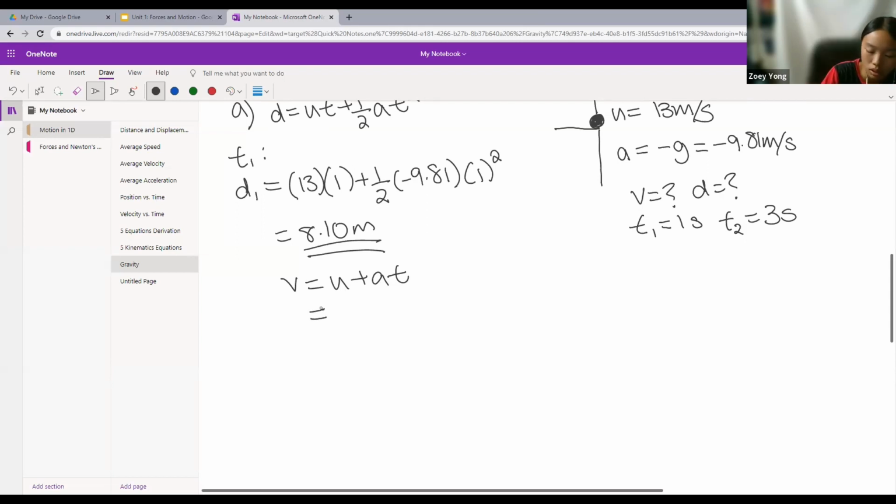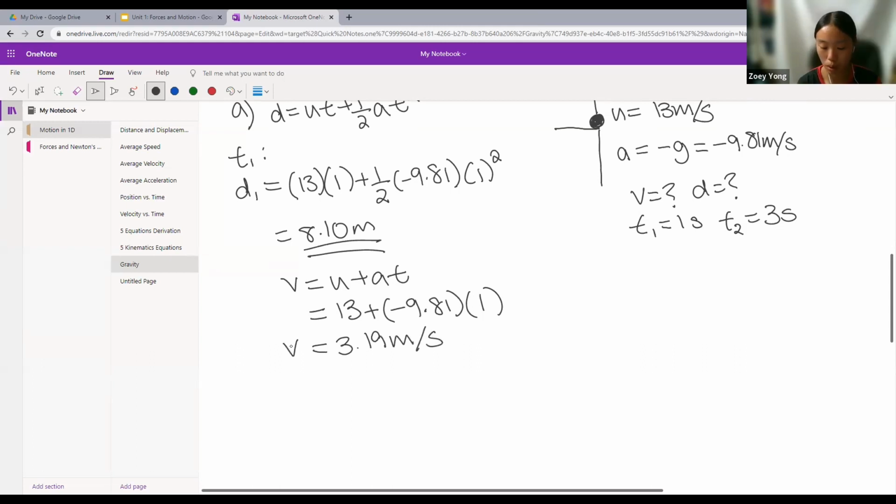For this, v is equal to 13 plus, again, a is negative g, or negative 9.81, multiplied by T1, which is just 1 second. If you plug that into your calculator, you're going to get 3.19 meters per second.